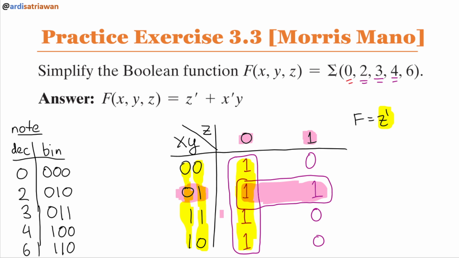The x is 0 and the y is 1, so we need to negate the x. So we will have x naught and y. That comes from the pink part. I think that is the final result that we are looking for.